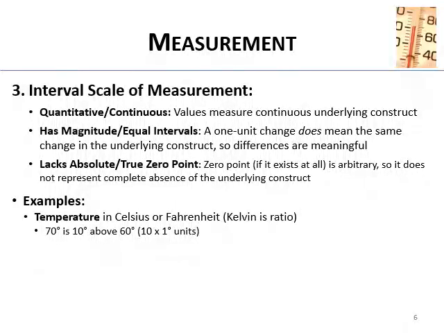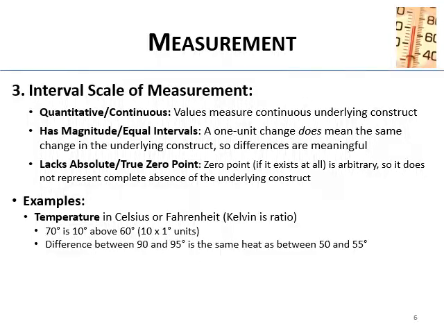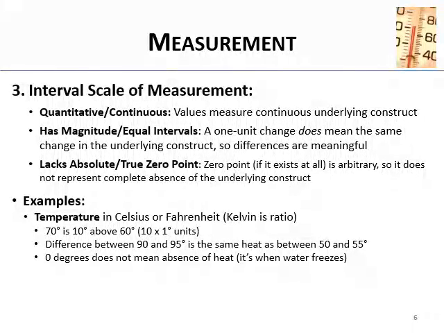So we know, for example, that 70 degrees is 10 degrees above 60 degrees. That is 10 1-unit changes. And we know that the difference between, say, 90 and 95 degrees is the same amount of heat, the underlying construct, as between 50 and 55, right? So 1 unit is 1 unit is 1 unit is the way to think of these.